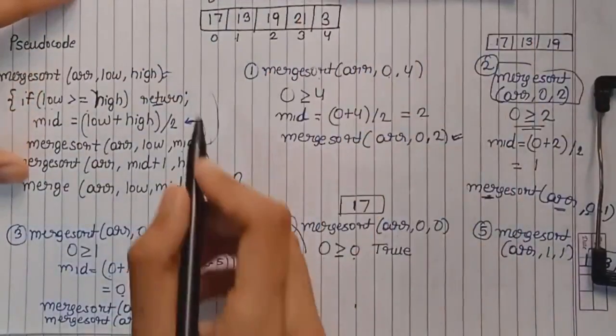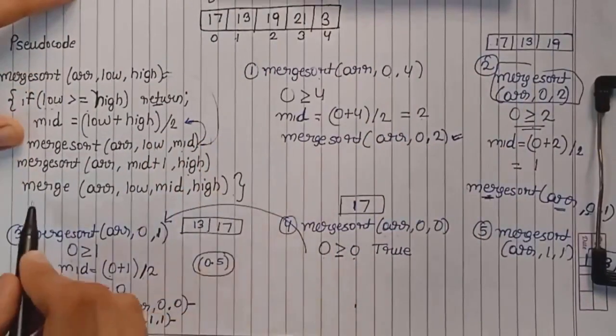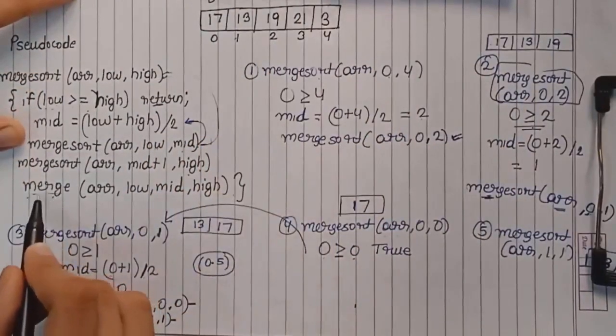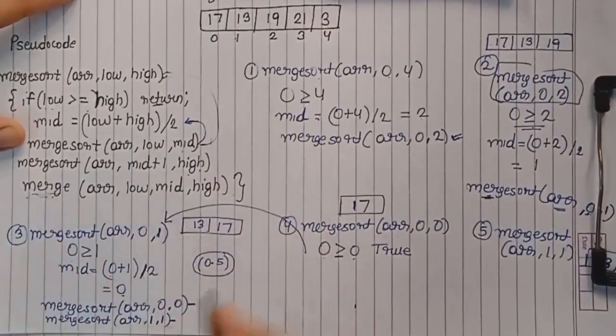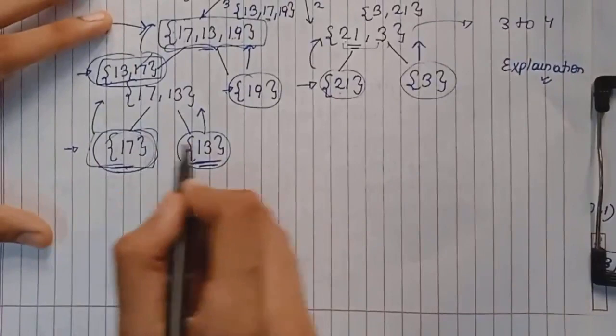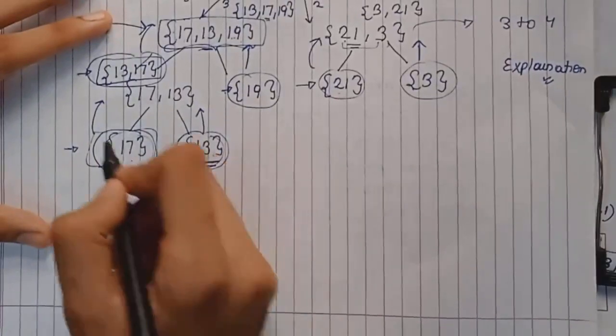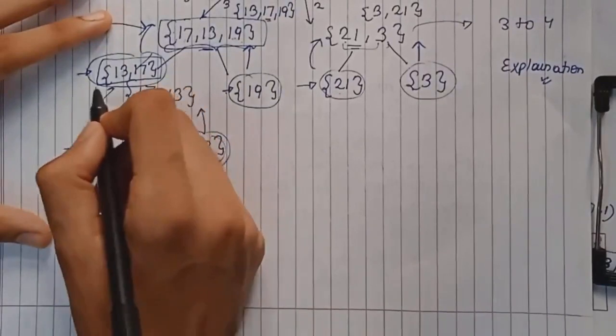As we can see, according to the pseudocode, the next step is of the merge function. And now this merge function will merge these two sorted arrays to form a single sorted array. So this merge function will merge these two sorted arrays, that is 13 and 17, to form a single sorted array of 13 and 17.